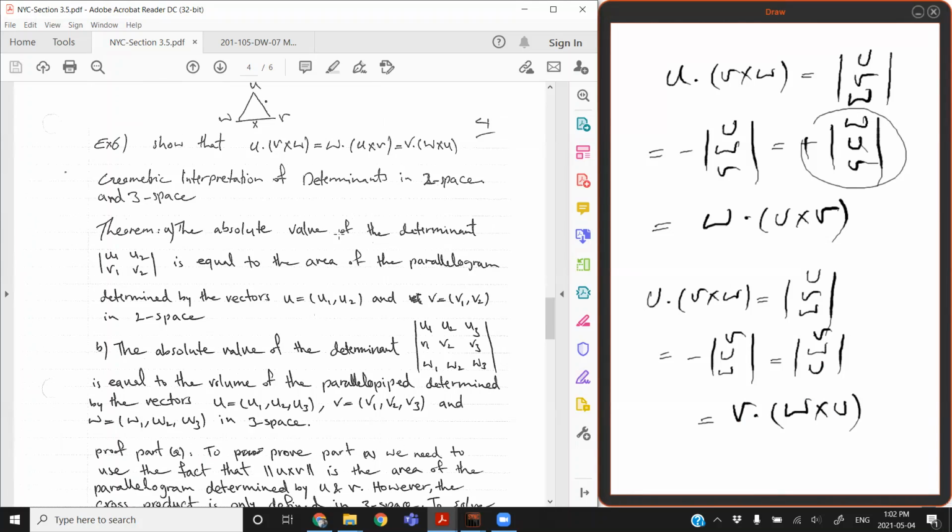Now, we are at the position to understand the geometric interpretation of the determinant in 2-space and 3-space.